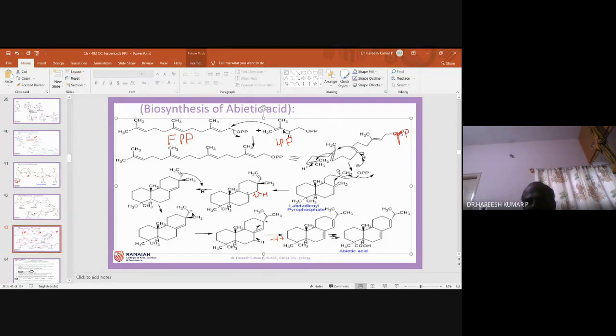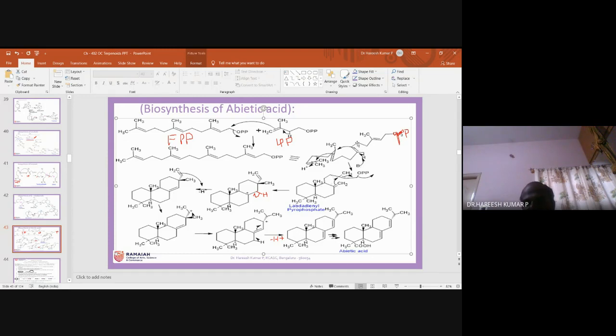Here now there is a cyclization. Cyclization means there will be a new bond formation between this carbon and this carbon. That means it is converting into a six-membered ring. Similarly, there will be a new bond formation between this carbon and this carbon, another six-membered ring formation.